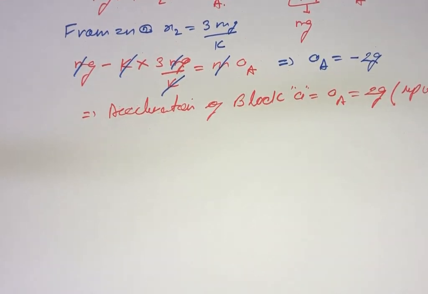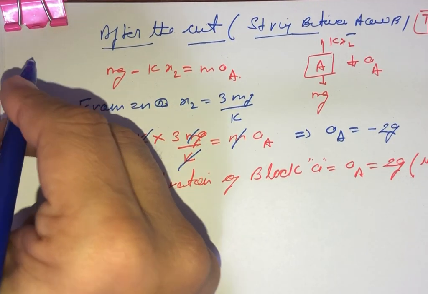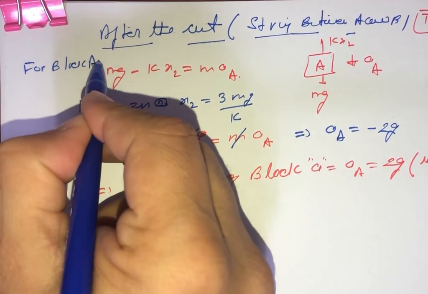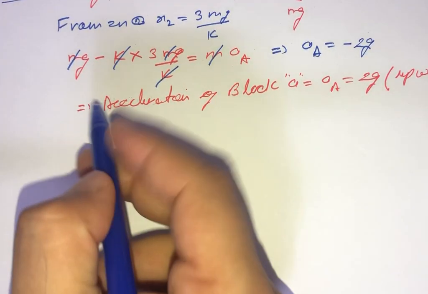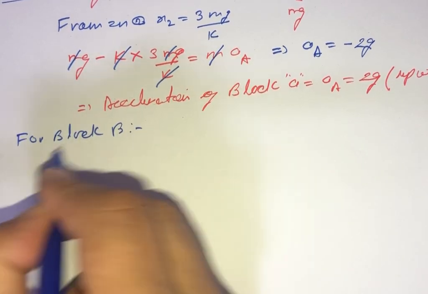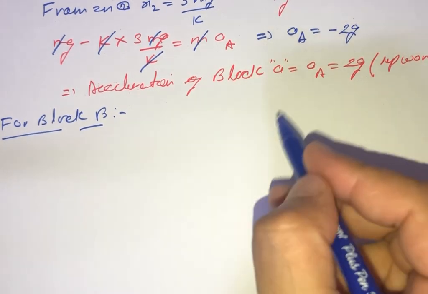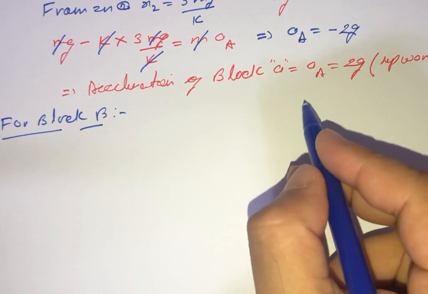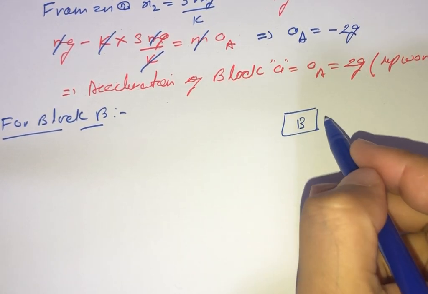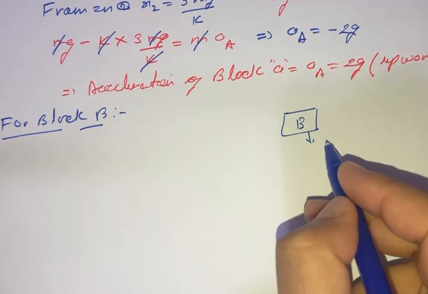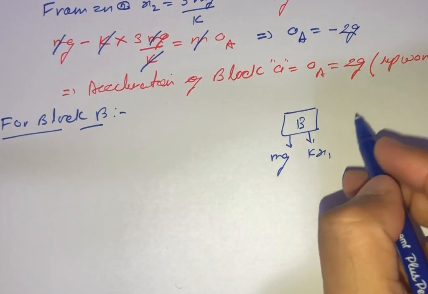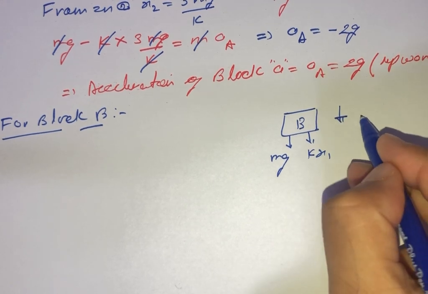Okay, this we did for block A. Now we consider block B. For block B, this is block B, and in the downward direction we are going to have kx1 and mg, and let us suppose it is moving in the downward direction with acceleration aB.